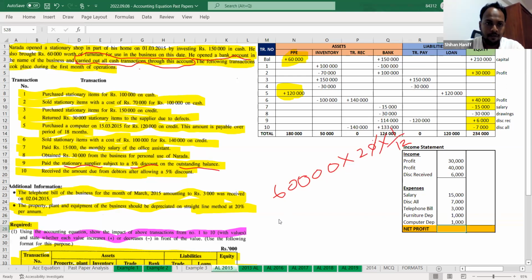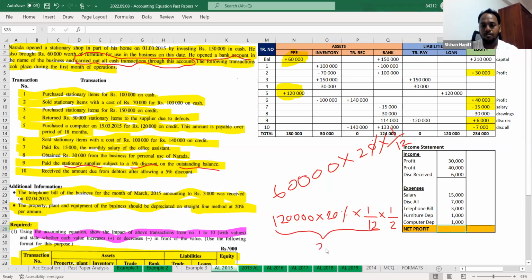Computer is 120,000 into 20% into 1/12. This is annual monthly depreciation. Out of this, you have to take half, only 15 days. So it will be 1,000. So monthly depreciation is this 2,000.